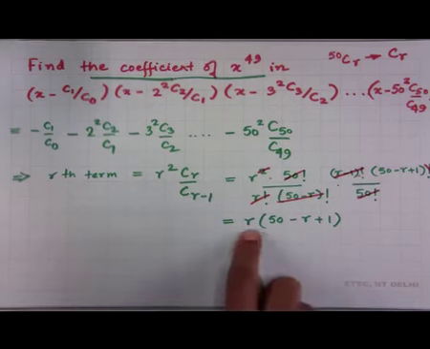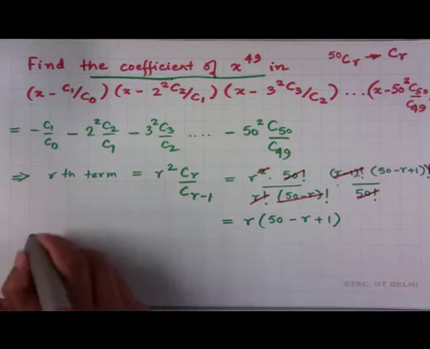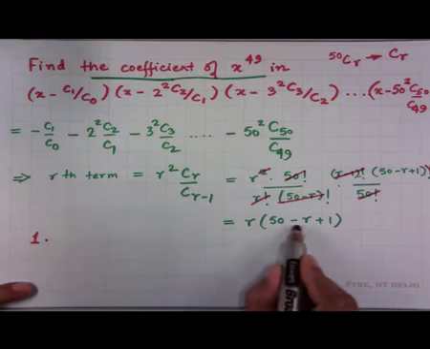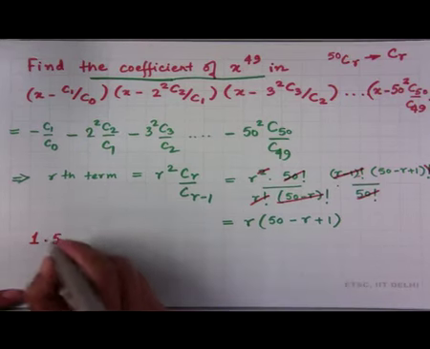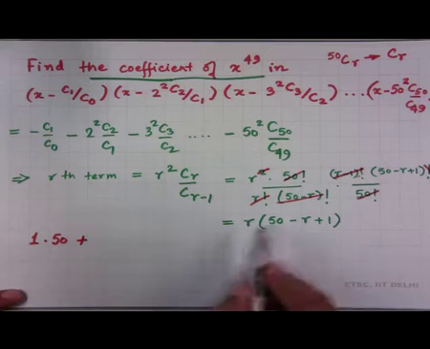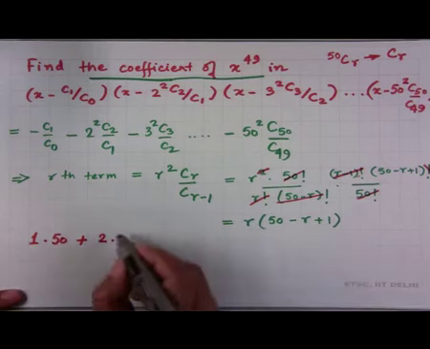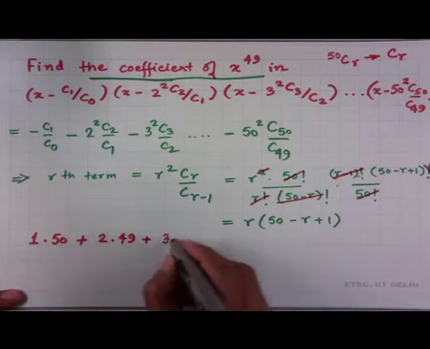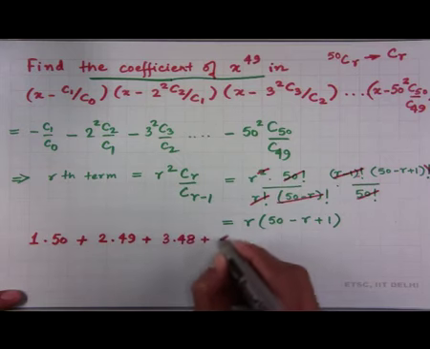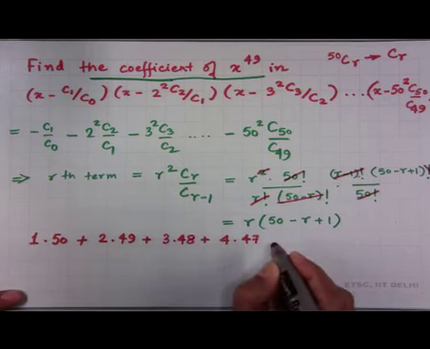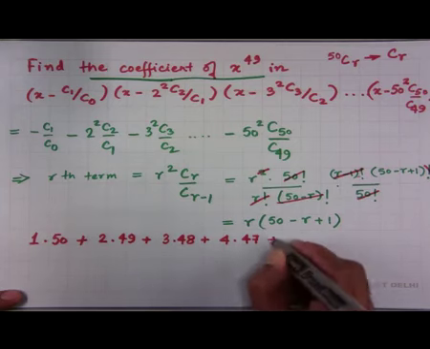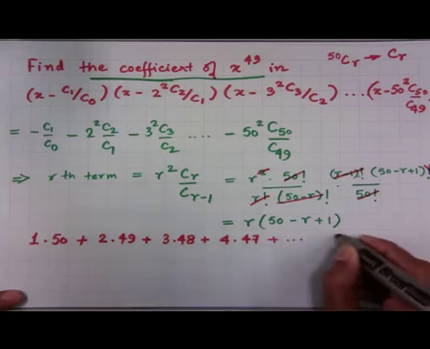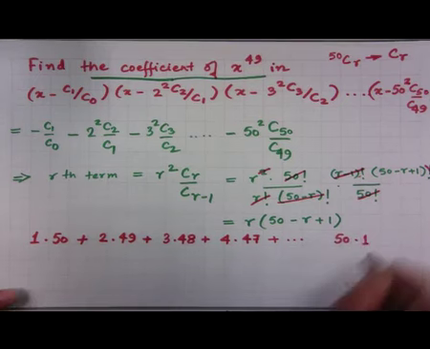For example, if r is 1, this is 1 into 50 minus 1 plus 1, 50, plus if r is 2, 2 into 49, plus 3 into 48, plus 4 into 47, plus dot dot dot all the way till 50 into 1. That is what it is.